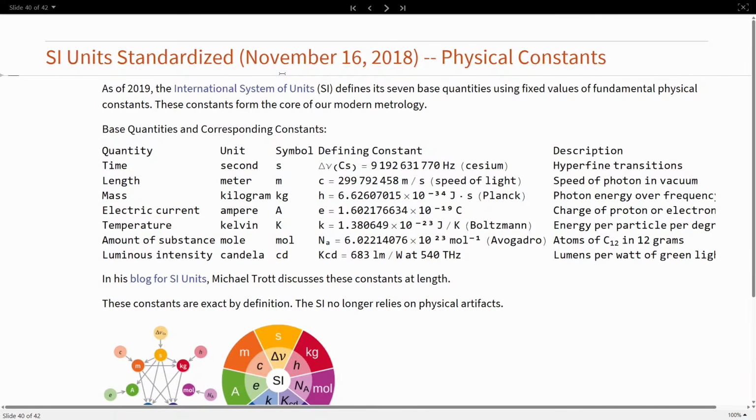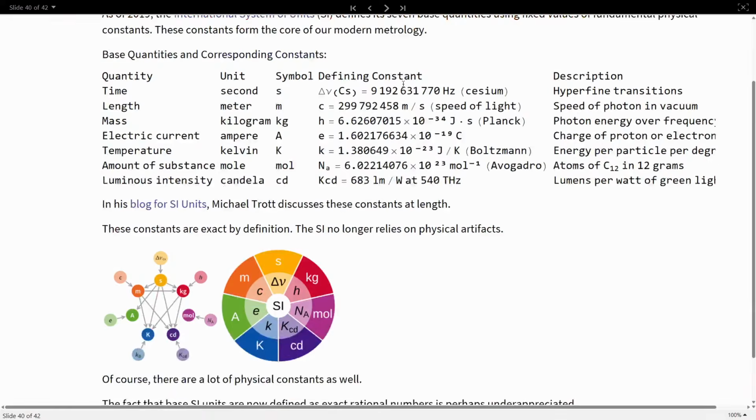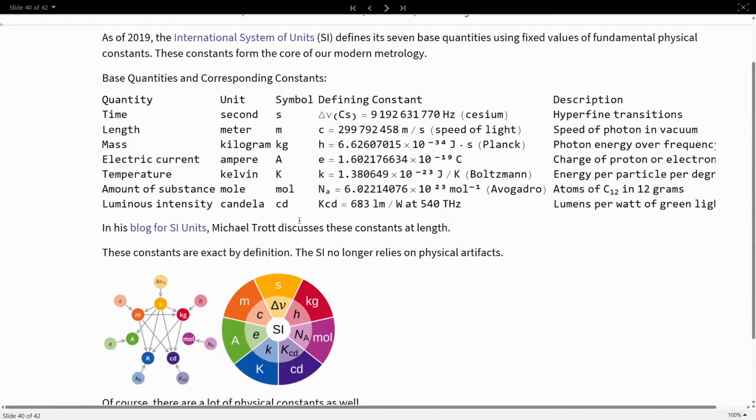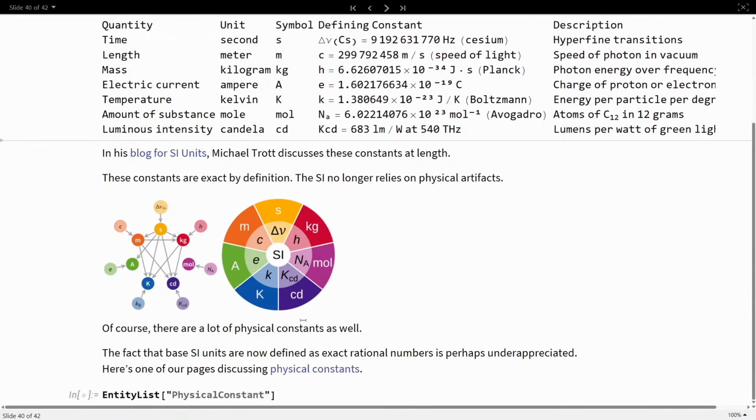We also have various physical constants, and I've shown this slide a few times. All of the base constants are now fixed quantities as of November 16th of 2018. And they all fit together very well. And I gave a talk about these, measuring the universe, where I talked about these values and others. But there's a lot of physical constants.